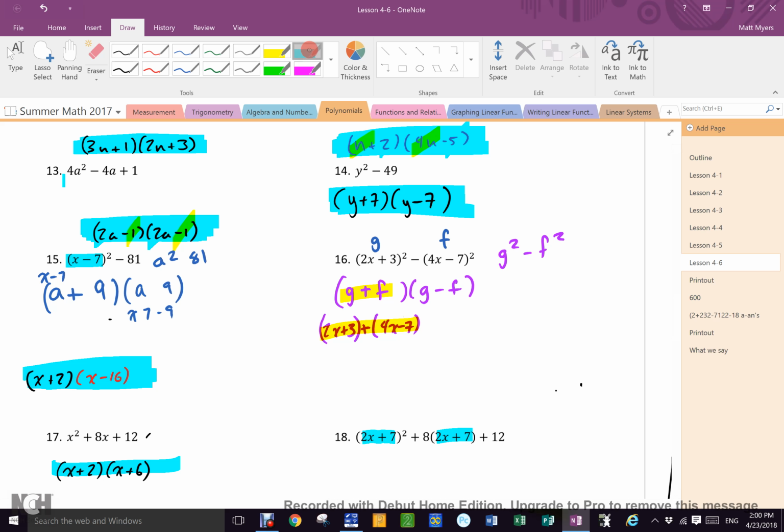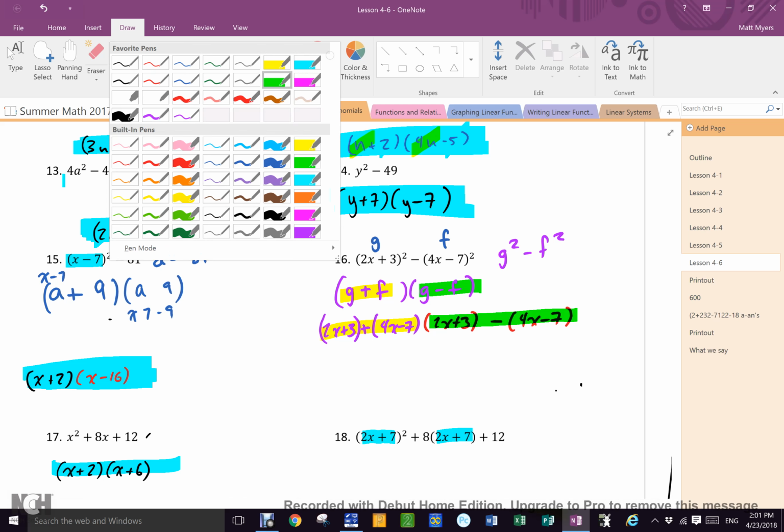Okay, now I got to do the same thing over here where it's green. What is G? 2x plus 3. Minus now 4x minus 7. Correct? And that's the green half, right?